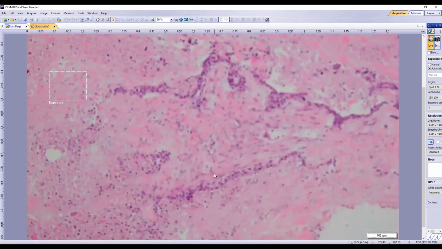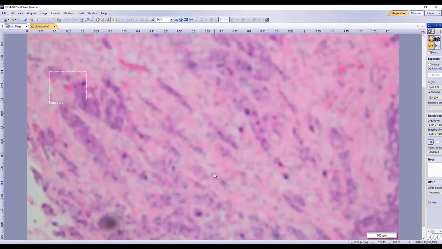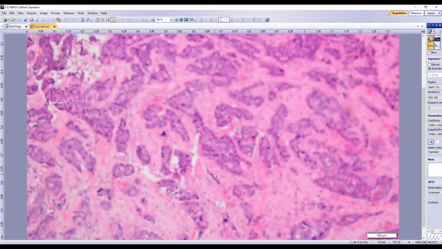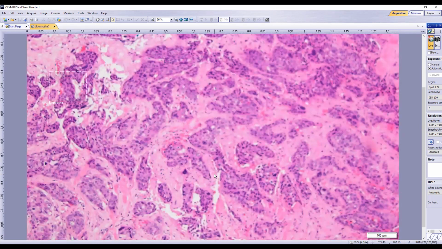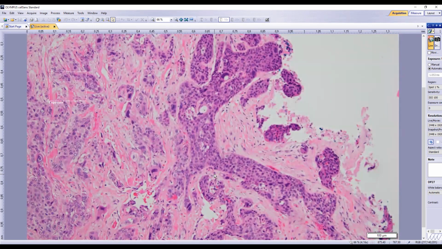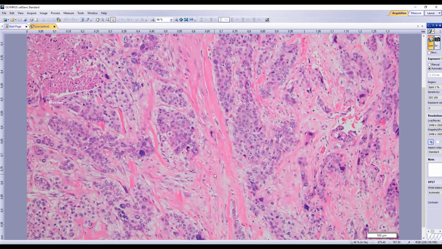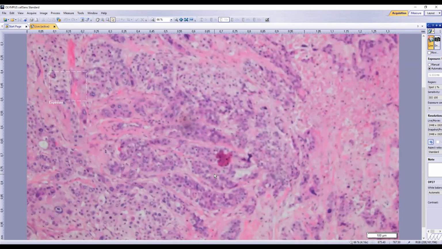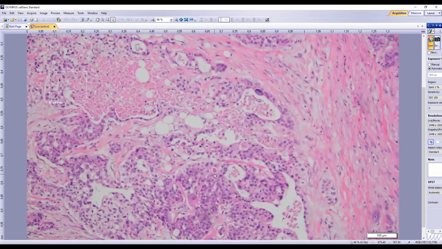These do worse than the regular adenocarcinoma of the pancreas. To make this diagnosis, you need to have at least 30% squamous component. So you have to look at a lot of tumor, or at least a decent number of sections, before you call it or top line it as adenosquamous carcinoma.